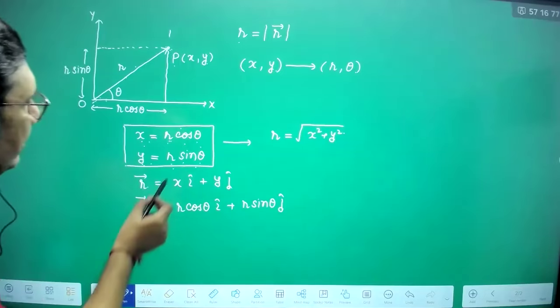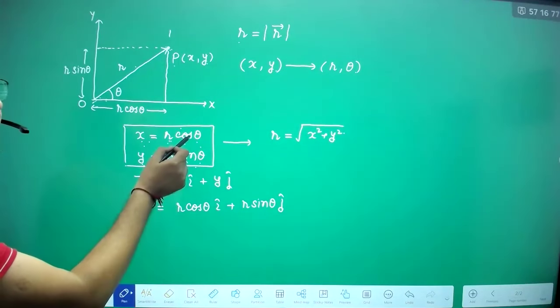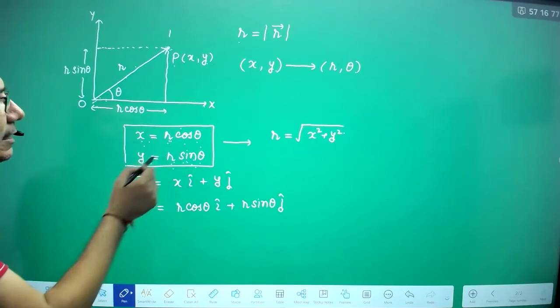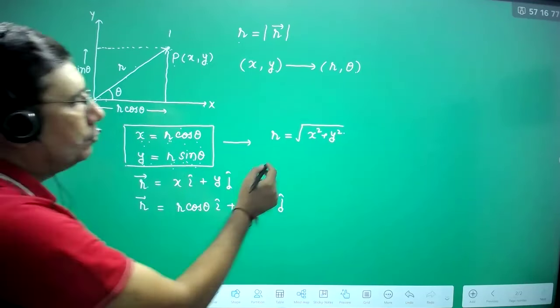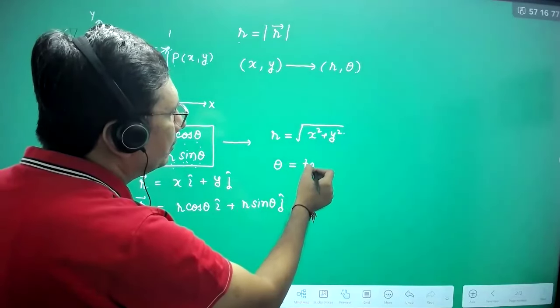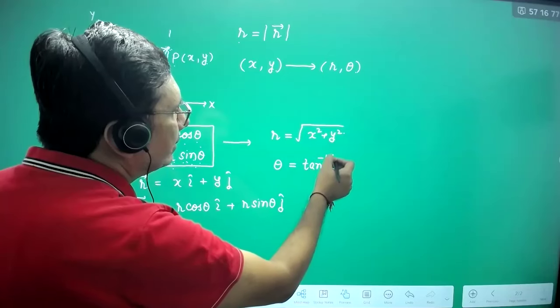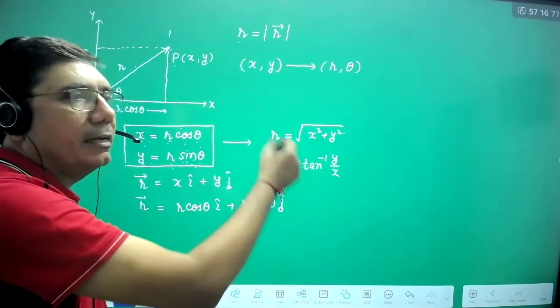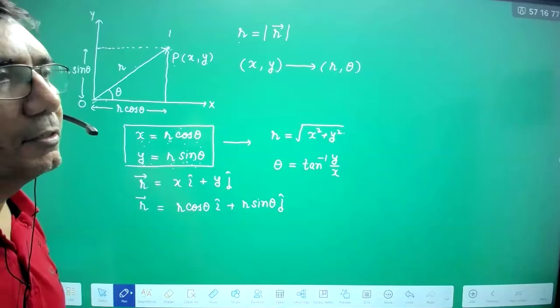You can also find out theta. If you divide the second equation by the first one, r will cancel out and you are going to have tan theta equal to y by x. So you can write theta equal to tan inverse y by x. These two equations can be known as the transformation equations.